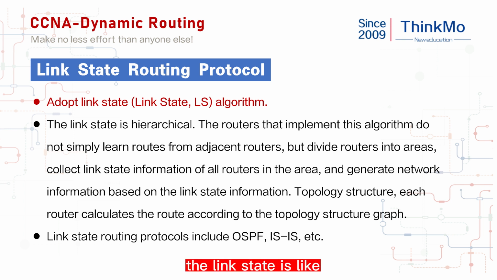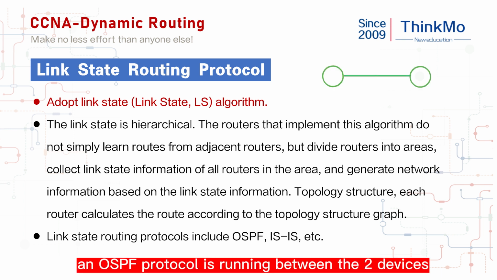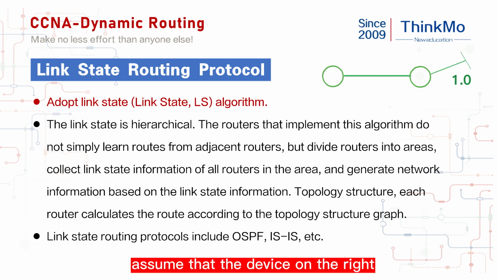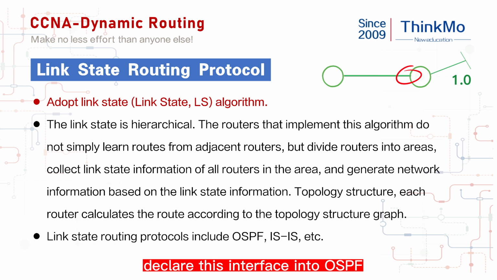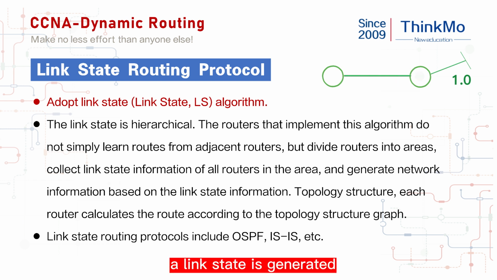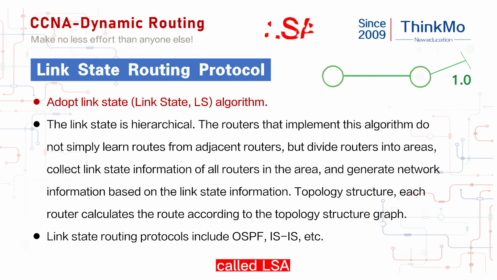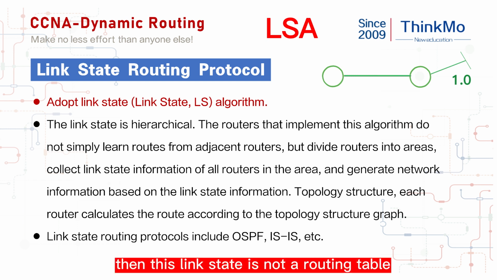The link state is like this: an OSPF protocol is running between the two devices. Assume that the device on the right has a network segment of 1.0. Then as long as the device declares this interface into OSPF, a link state is generated, called LSA. Then this link state is not a routing table.